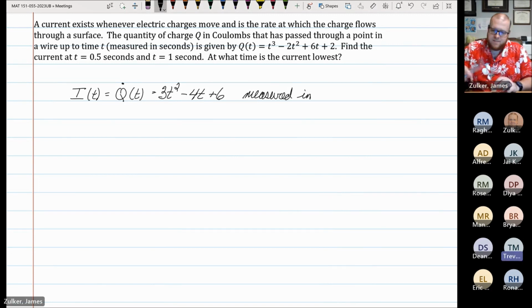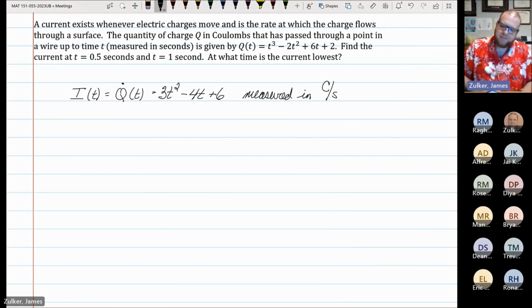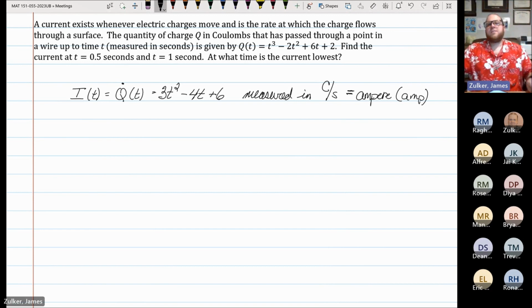Coulombs per second. It would be the coulombs per second. Which is given a special name. The ampere, or simply the amp.